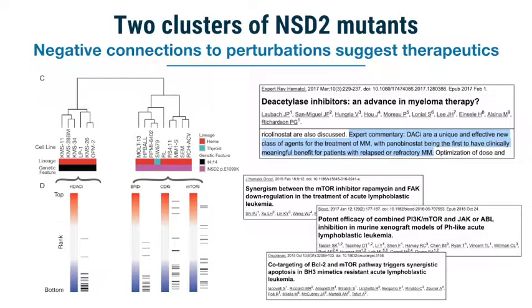So we looked in the literature, and indeed HDAC inhibitors are being proposed for multiple myeloma. And on the other side, there are other classes of compounds enriched for negative connections to this set of cell lines, and I've only shown some mTOR references here, but again, there's evidence that compounds that look the opposite of the baseline state of a cell could be used as a therapeutic.